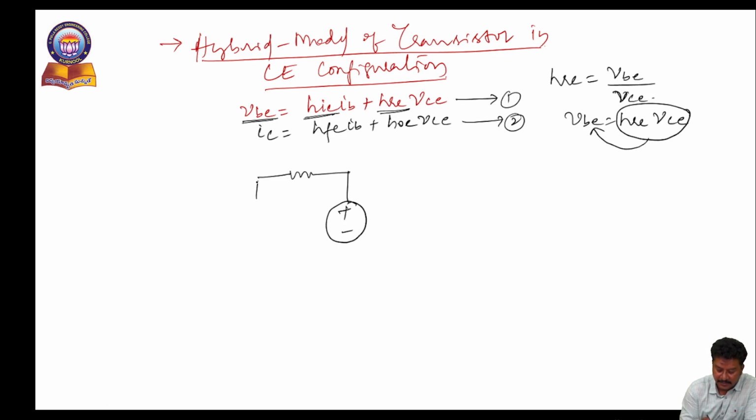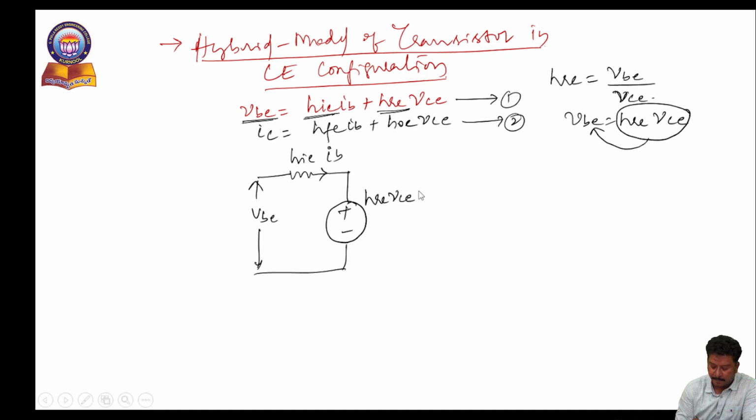which is equivalent to VBE, this is IB, and this is HIE, and this is HRE VCE. I am trying to frame equation 1 in the form of a parametric representation, in the form of a model.